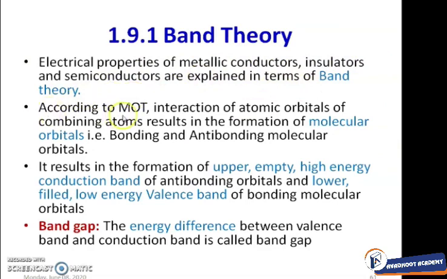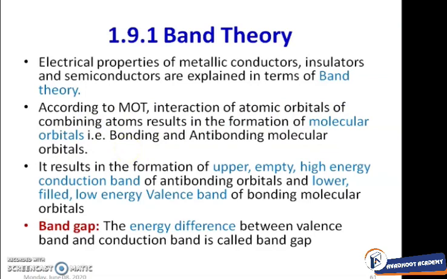According to molecular orbital theory, at the time of formation of a molecule or of a metal, there is an interaction of atomic orbitals of the combining atoms, which results in the formation of molecular orbitals. And molecular orbitals can be bonding molecular orbitals and anti-bonding molecular orbitals.